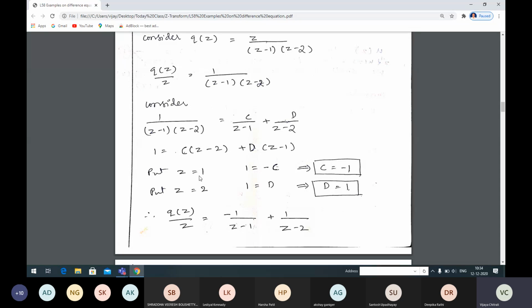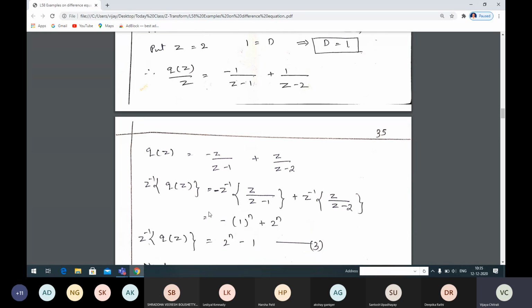So substitute. q of z divided by z is equal to c, which is minus 1, divided by z minus 1, plus d, which is 1, divided by z minus 2. Take this z from LHS to RHS. Since it is in the denominator, it comes to this side as numerator, meaning each term you multiply by z.